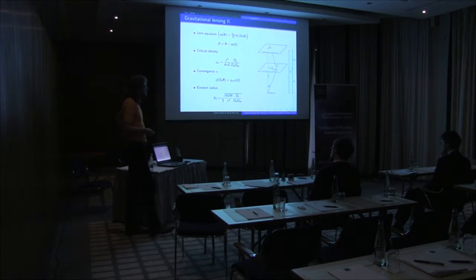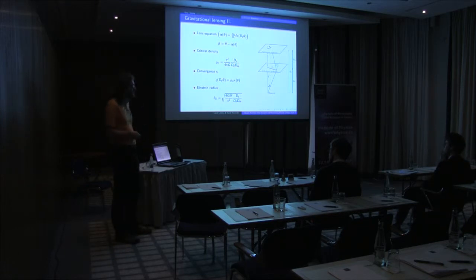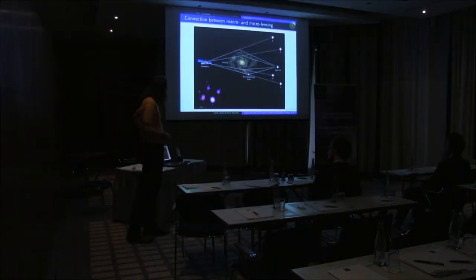The application I will show you after a few slides. And the last thing which is good to define is Einstein radius of the star or of the galaxy, and this angular distance sets us the typical scale in our systems.